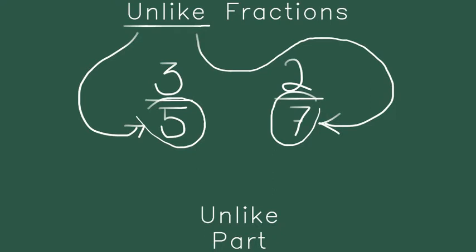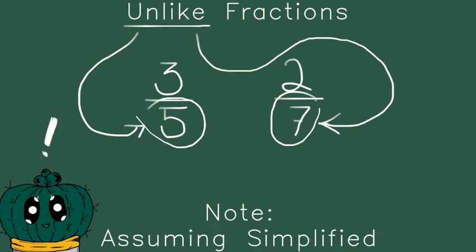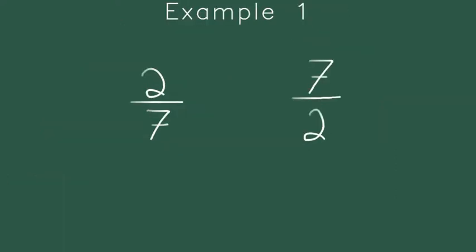Just as we did in the like term portion, we were discussing the denominator part, and similarly, the unlike fractions have different denominators. Okay, so yes, we are assuming at this point that they are simplified, and in fact, I checked and they were.